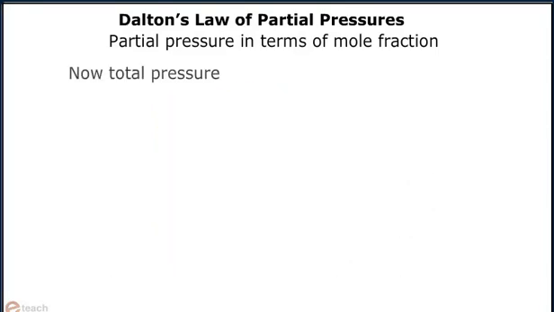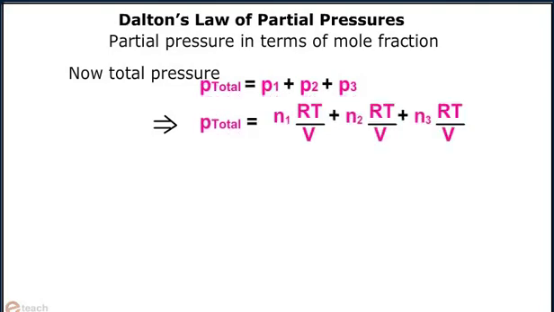Now, total pressure P total equals P1 plus P2 plus P3. This implies P total equals n1 plus n2 plus n3 into RT by V.